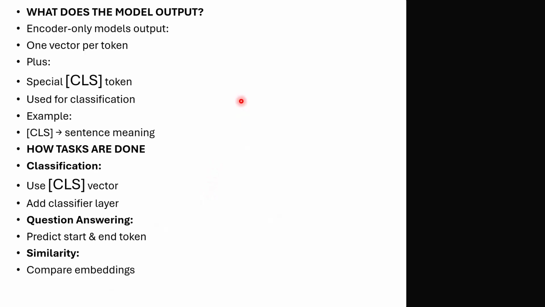It uses self-attention to understand text by allowing each word to attend to every other word in both directions, left and right. They are trained using masked language modeling and are ideal for understanding tasks like classification and question answering.